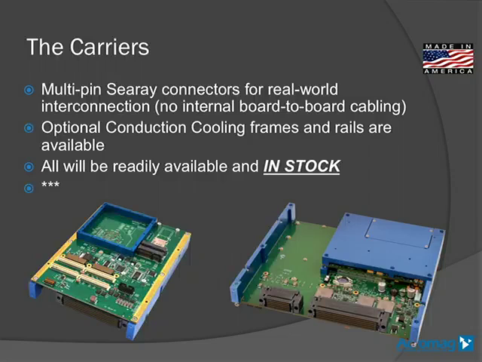But then again, the rails for the carriers all stack and join off the CPU to have good thermal conduction capability to pull the heat, starting from the Intel piece all the way out of the board. And again, these are stock pieces. We're offering these off the shelf. They'll be readily available from our distributors worldwide.